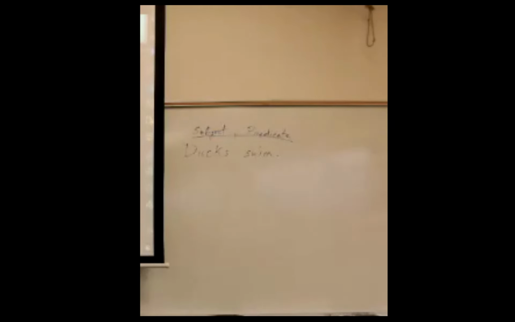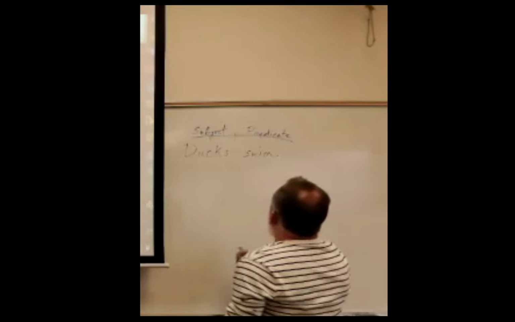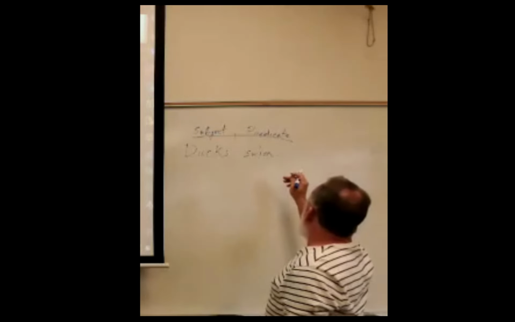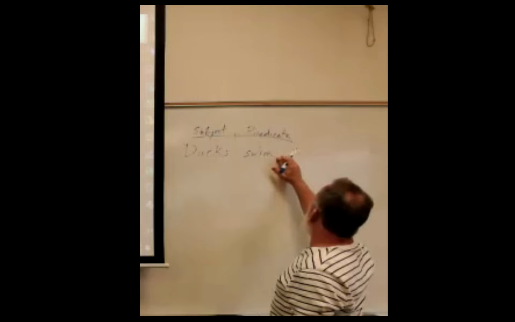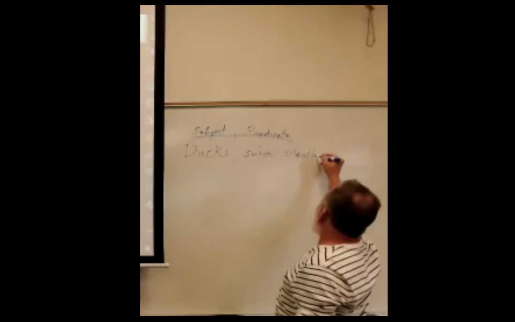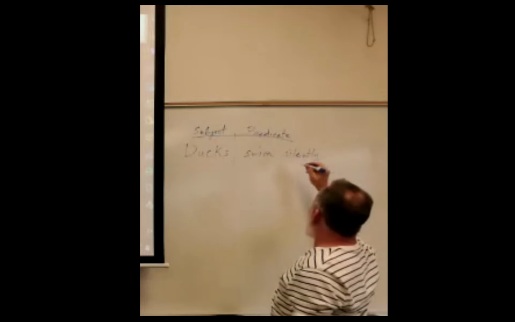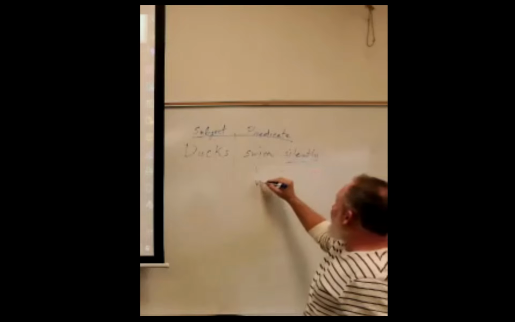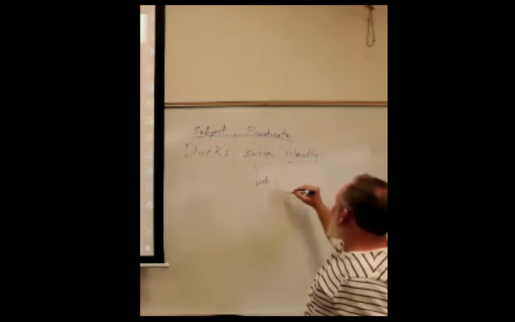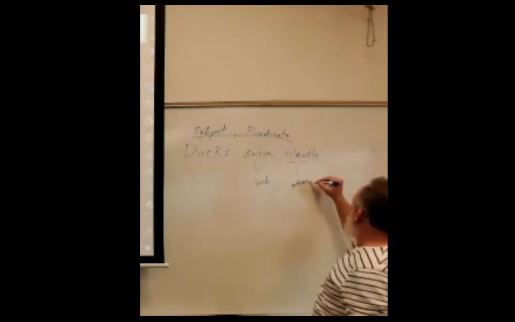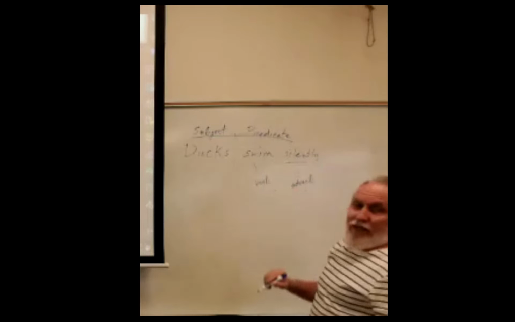Those are the two major parts of a sentence. You could say ducks swim silently. And then this is going to be an adverb, and of course this is going to be a verb. That's part of the predicate. This is an adverb. It modifies the verb.